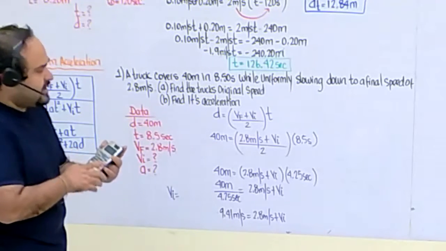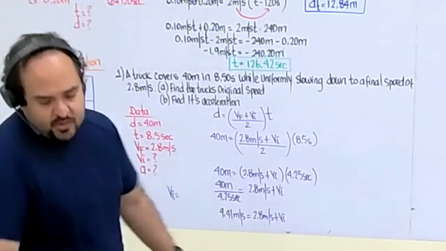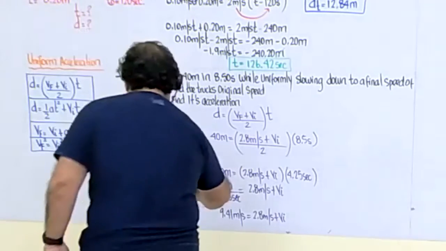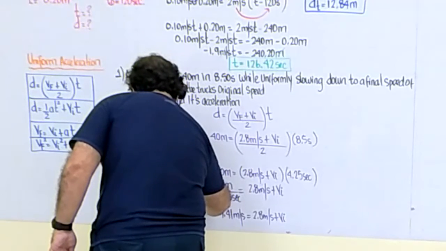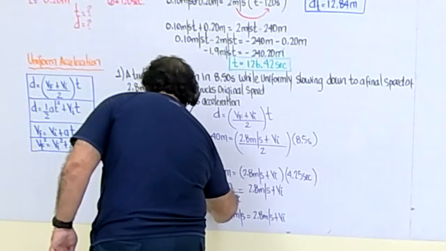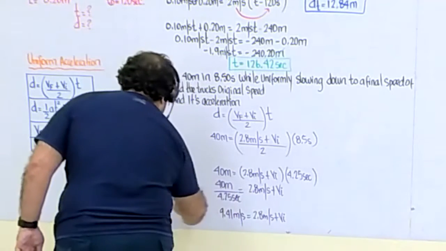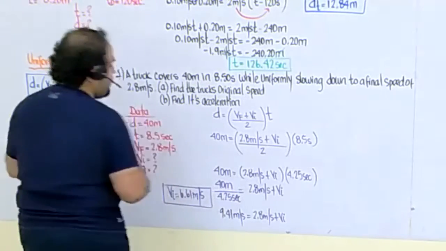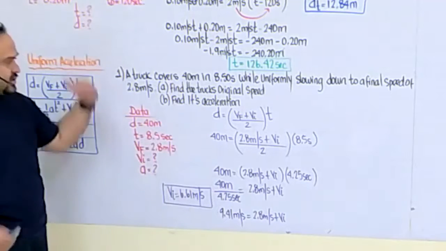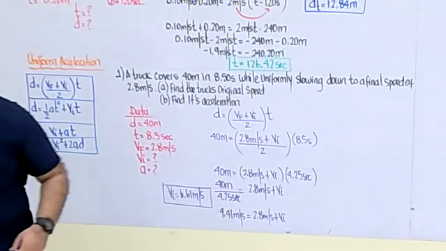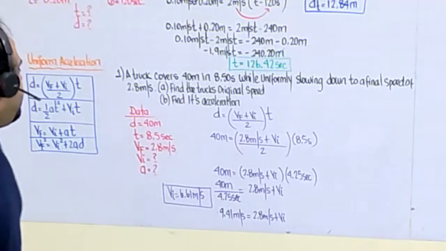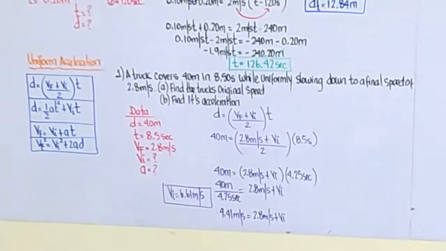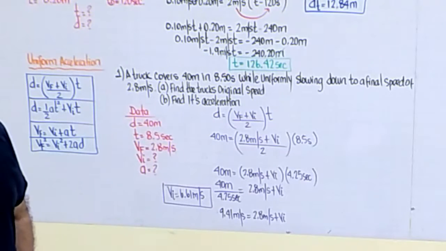For that reason, the answer will be 6.61 meters per second. And that's it. We conclude the first question. What is the truck's original speed? 6.61 meters per second.